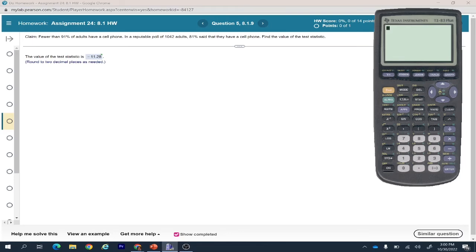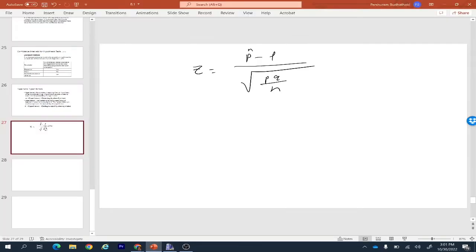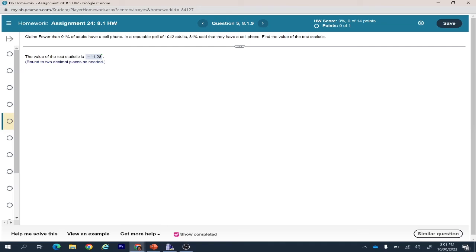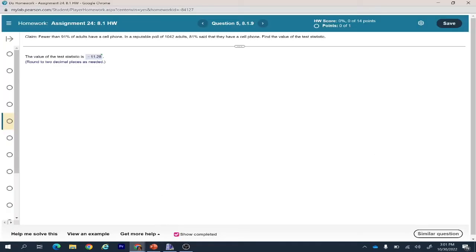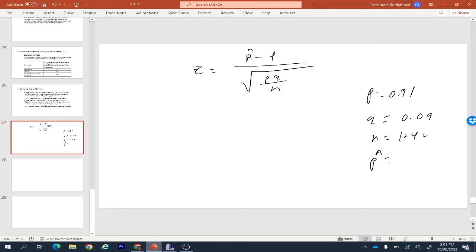Here 91% is the population proportion, so p is 0.91. q is the complement of p, which is 1 minus 0.91, so it's 0.09. n is the total number, 1042. p hat is 81%, yes, so it's 0.81. So we are going to use these values for finding this z value.